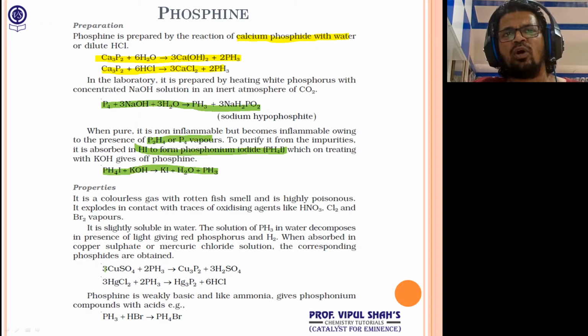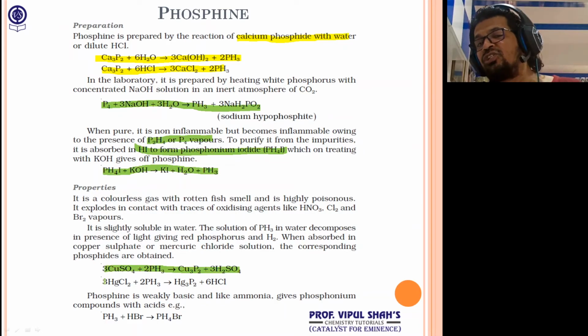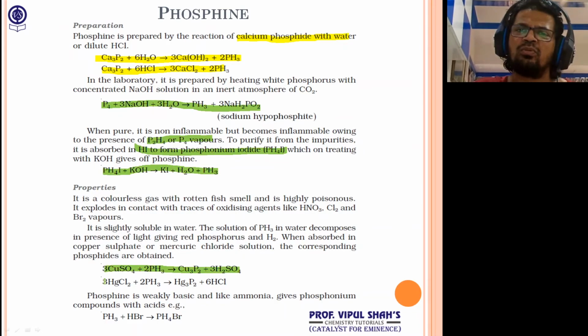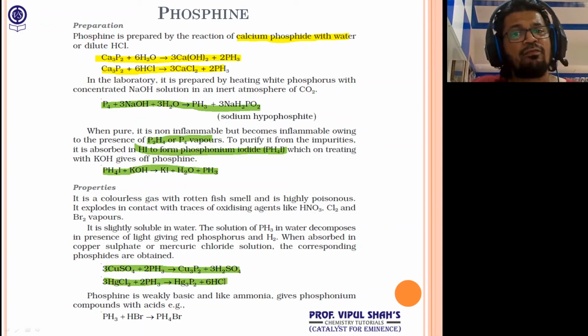Copper sulfate becomes cupric phosphide. And in the same way HgCl2 is mercuric chloride. Remember, if it was mercurous, it was Hg2Cl2. This is HgCl2, so mercuric chloride with phosphine will give us Hg3P2, that's nothing but mercuric phosphide.